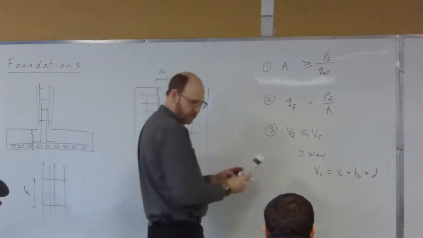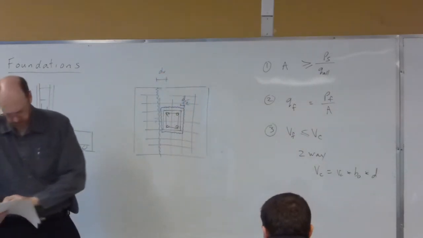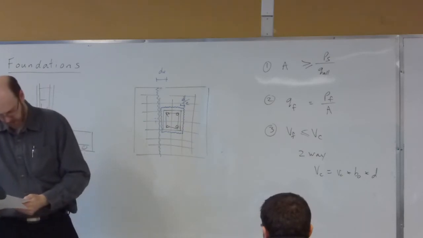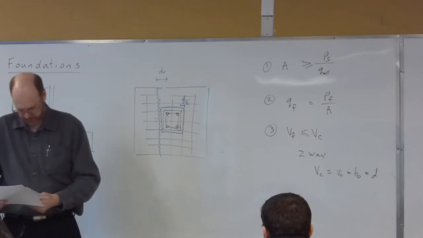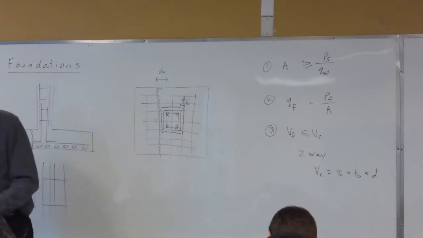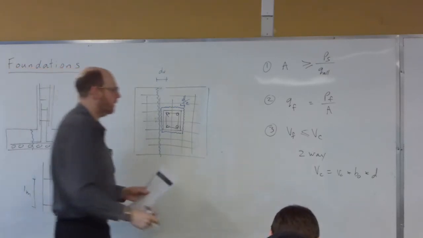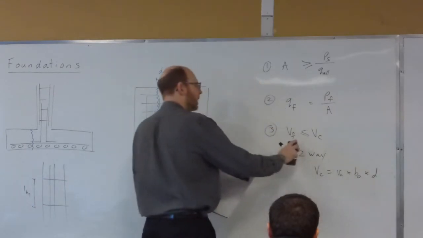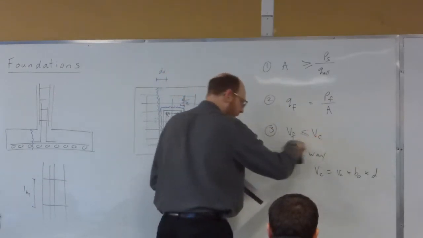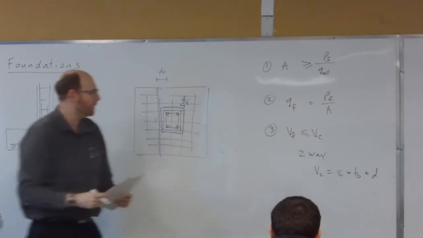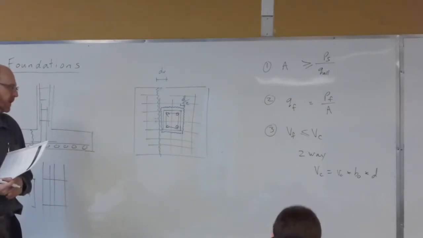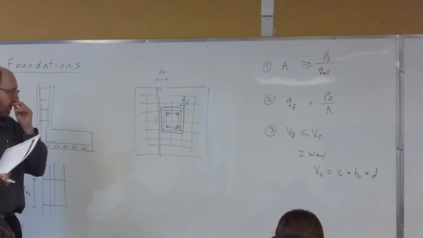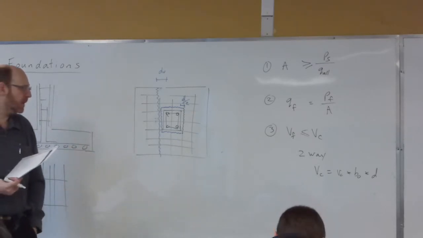Oh, sorry. Yeah, no, VC is greater than VF. Yeah, that's it. Yes, it's written correctly. So we want the shear of the concrete to be greater than our factored shear force. Now, in our two-way shear, we have this formula right here.